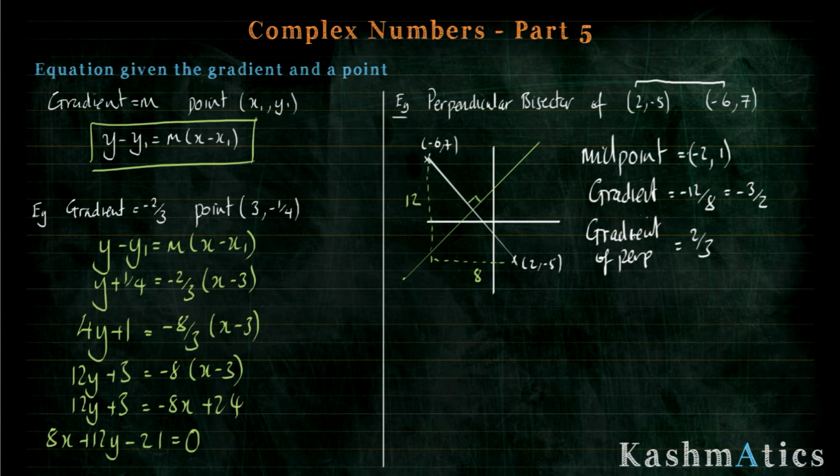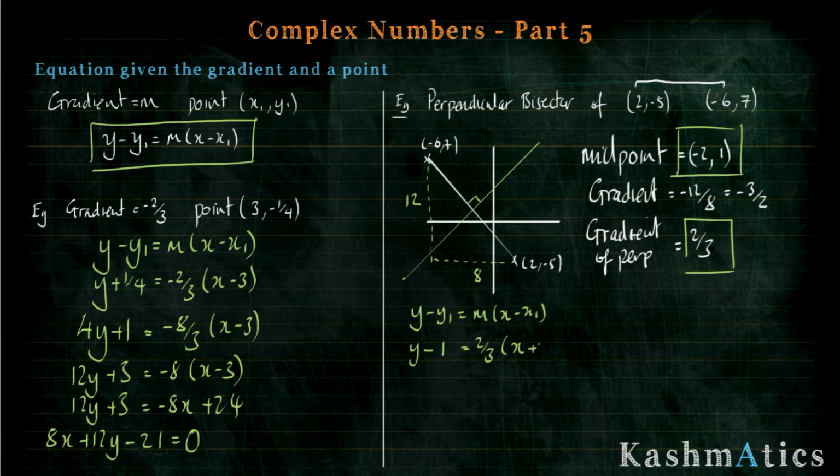What we need to do is put this information into our formula, y minus y1 equals m into x minus x1, to work out the equation of the line. So let's put all that information in. y minus 1 is equal to 2/3 times x take away minus 2, which is the same as x plus 2.